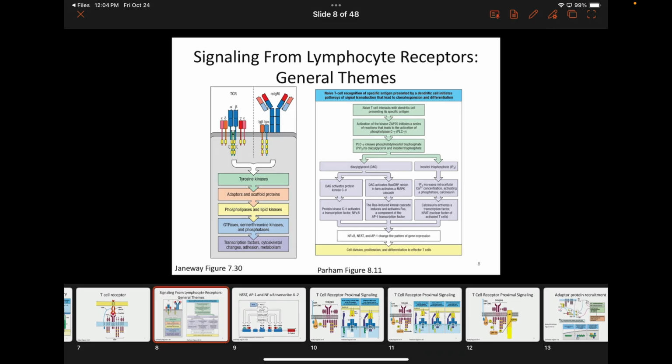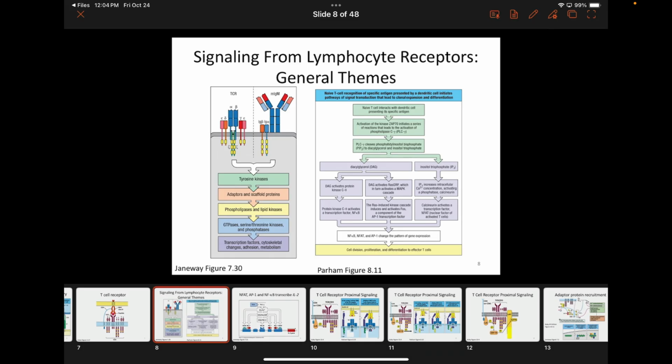So as we talk about this process of activating a T cell, there are tons of things that we could say about what happens to a T cell when it's activated, the end goal of T cell activation, what a T cell does when it's activated. And so for us, I want to tell you what goal we're talking about.